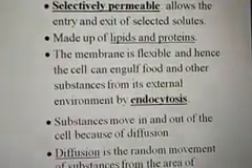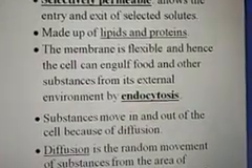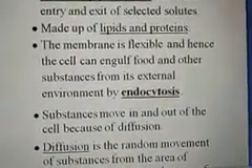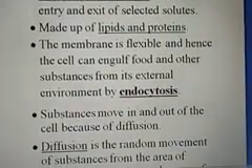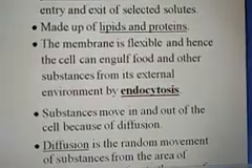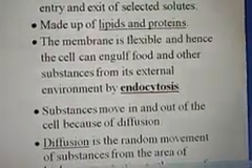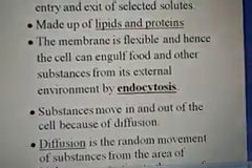Now, the membrane is flexible and hence the cell can engulf food and other substances from its external environment by endocytosis. Children, we have studied phagocytosis in 7th standard, the way of taking food by the amoeba.